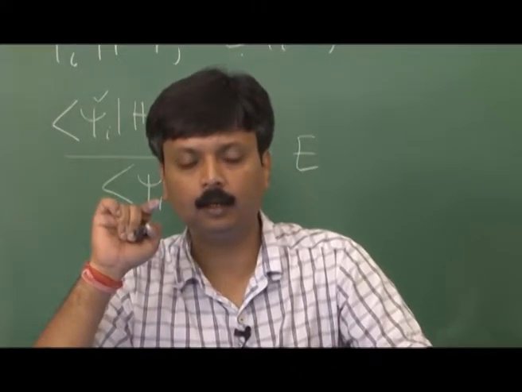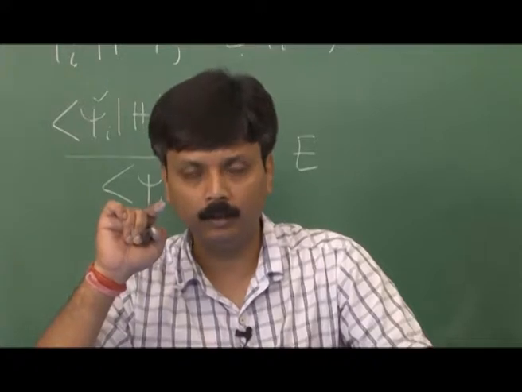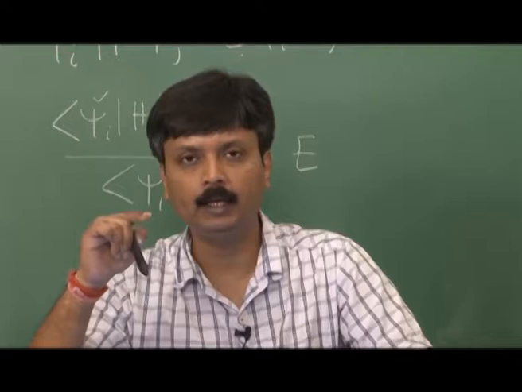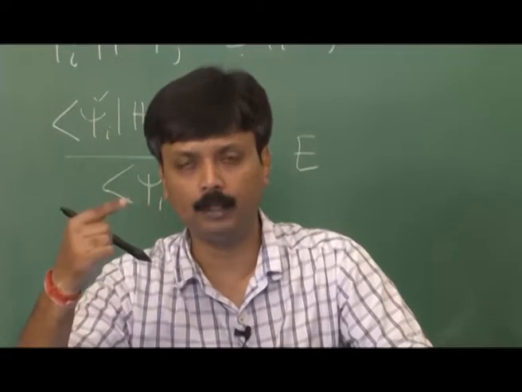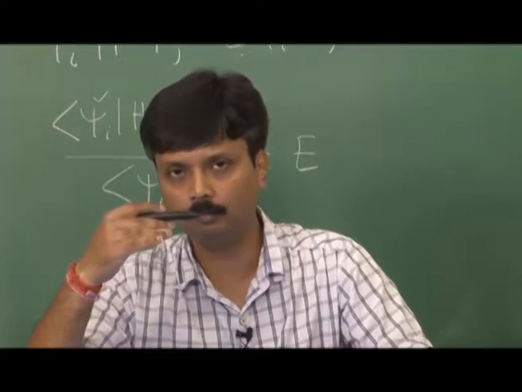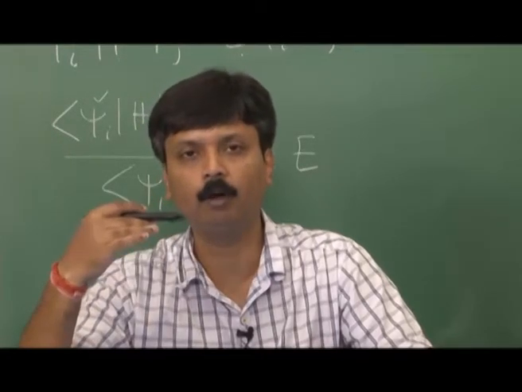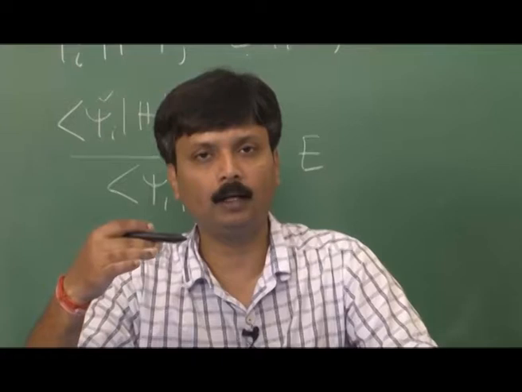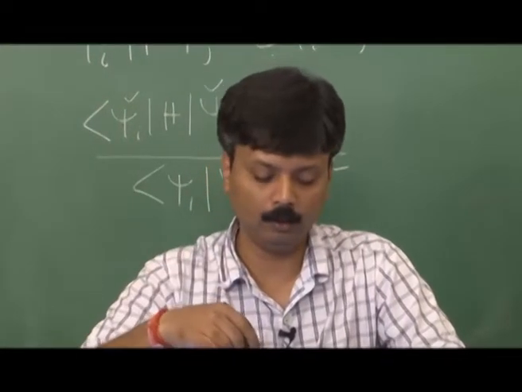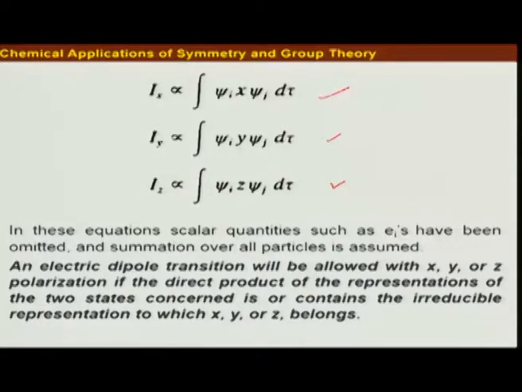Suppose the integral involving x is non-zero, but the other 2 integrals are 0, then we say that the transition is x polarized. Or suppose it is surviving for the integrals involving x and y, but the integral results 0 for the z axis, then we say the transition is polarized in the xy plane.